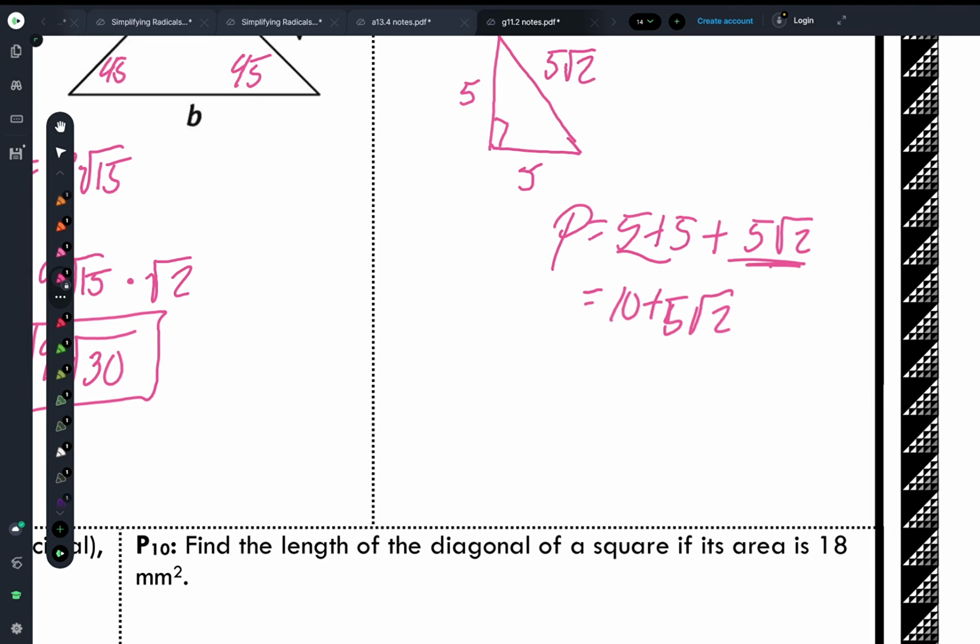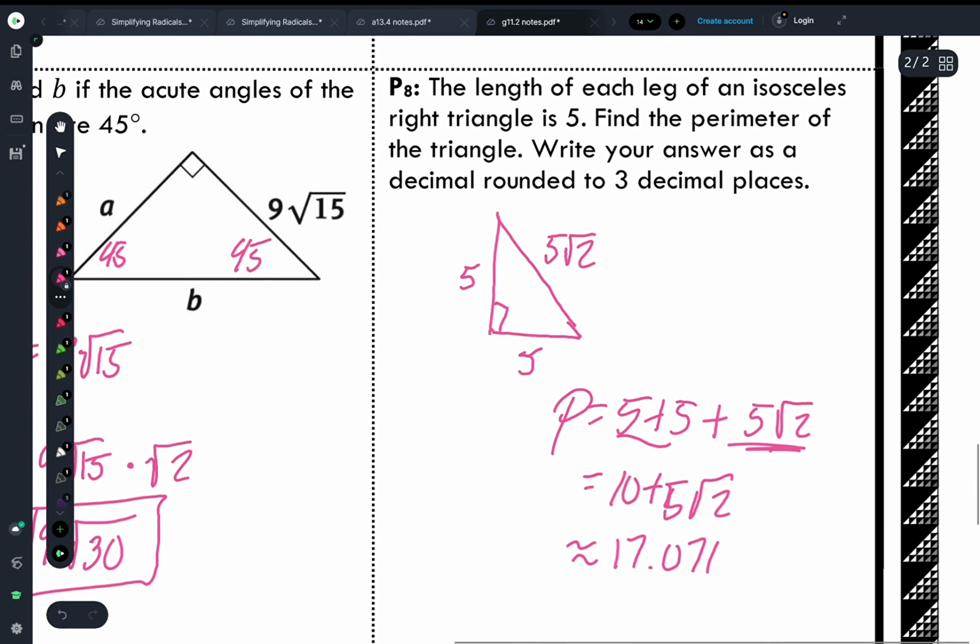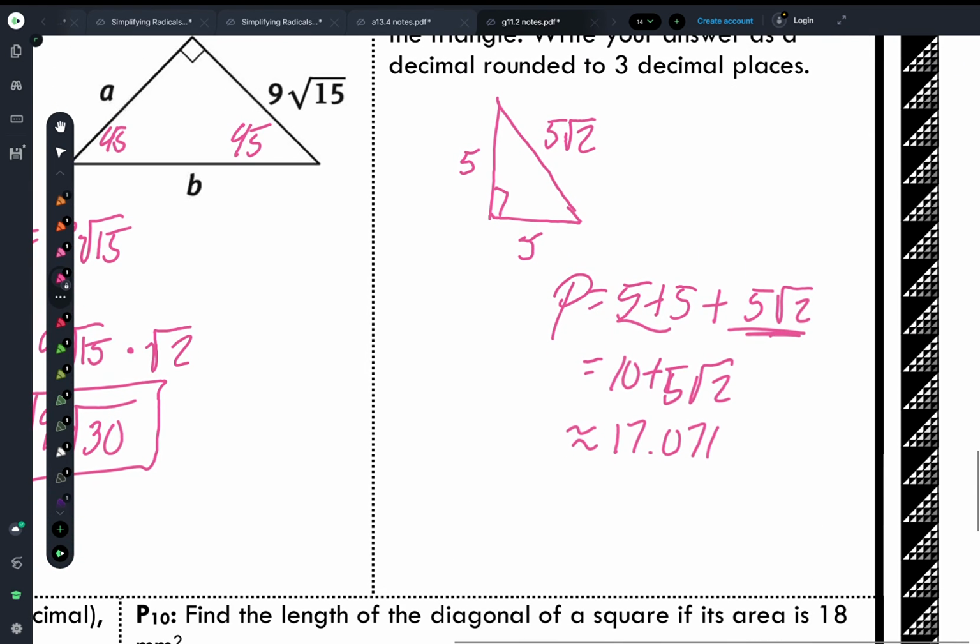I need a better calculator, I guess. Well, this one doesn't work. Alright. 10 plus 5 square root 2 is about 17.071, and we don't have any inches or anything, so this is just what it is, 17.071.